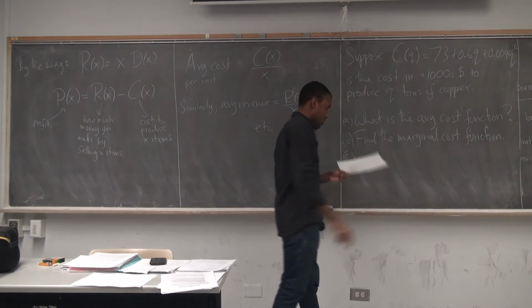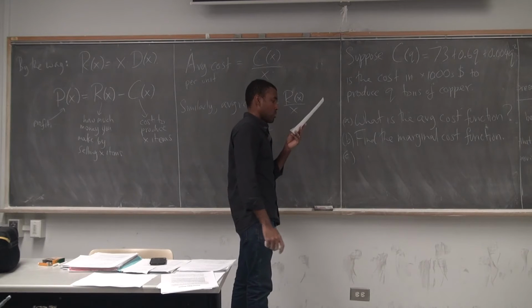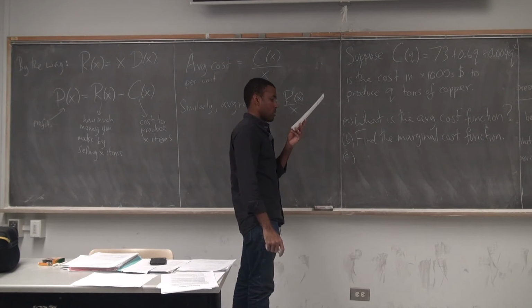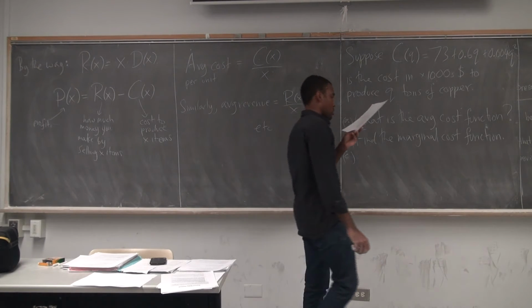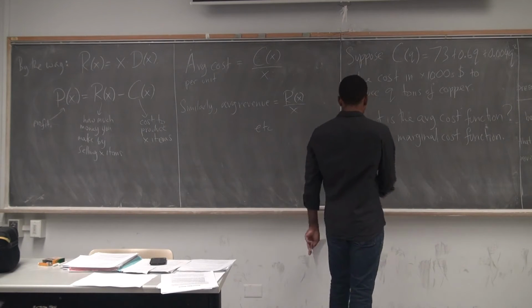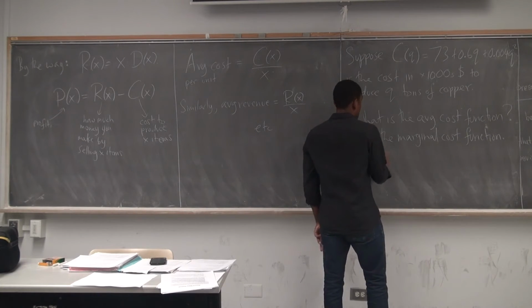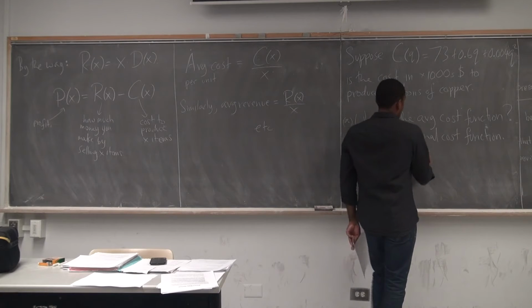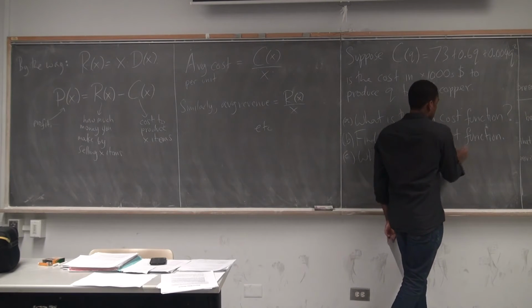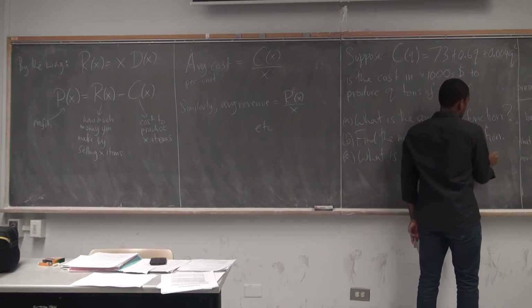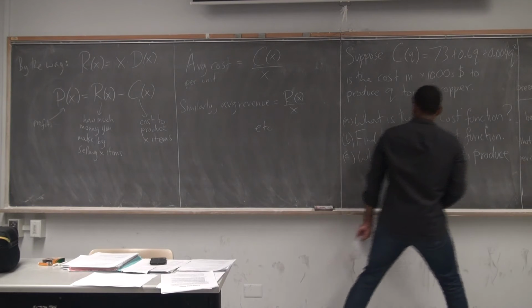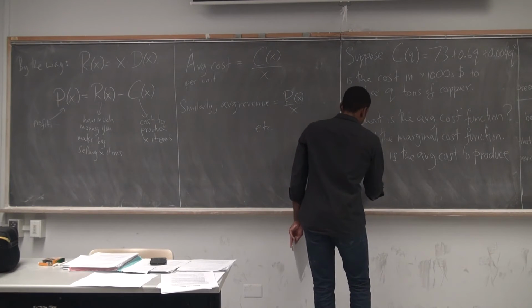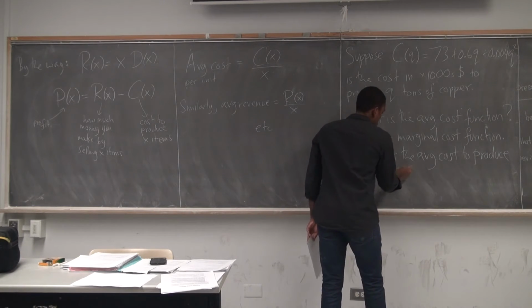C. What is the average cost to produce 150 tons of copper?